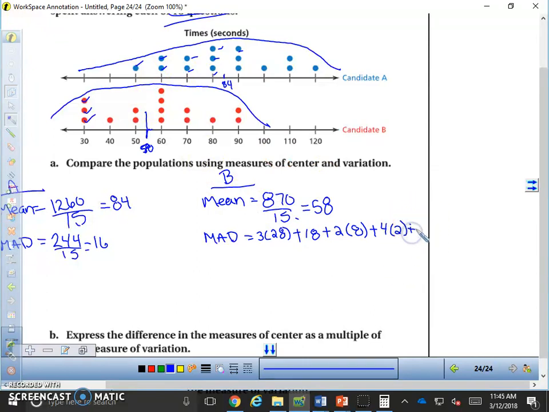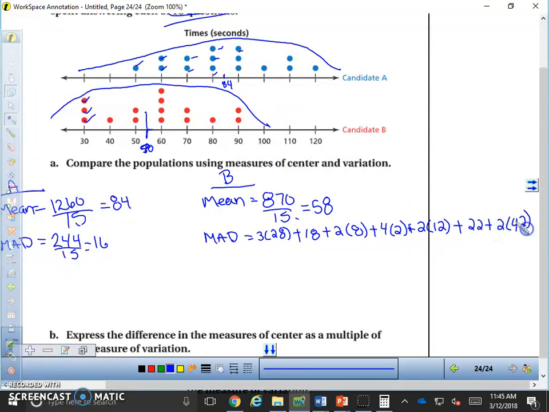Plus 70 and 58 is 12, and there's 2 of them. Plus 80 and 58 is 22, and there's only 1 of them. Plus 90 and 58 is 42, and there's 2 of them.